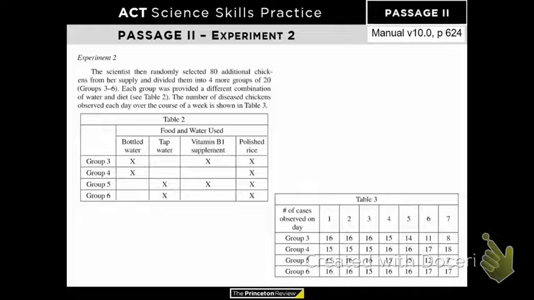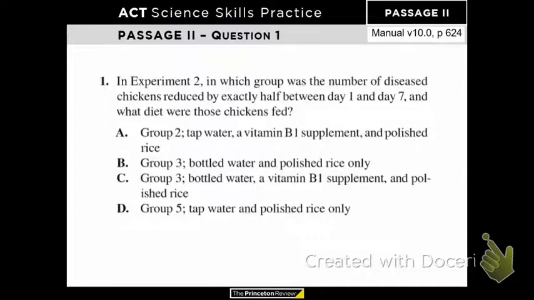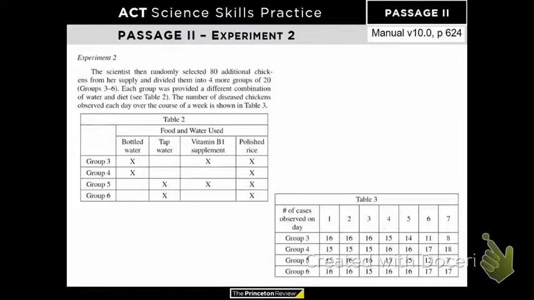Experiments 2. And then for table 2, it just looks like we have different groups, and then what was fed to each group. Table 3, the number of cases observed on each day, and then I'm assuming it would still be the number that are diseased. And so we can look to see what's going on.